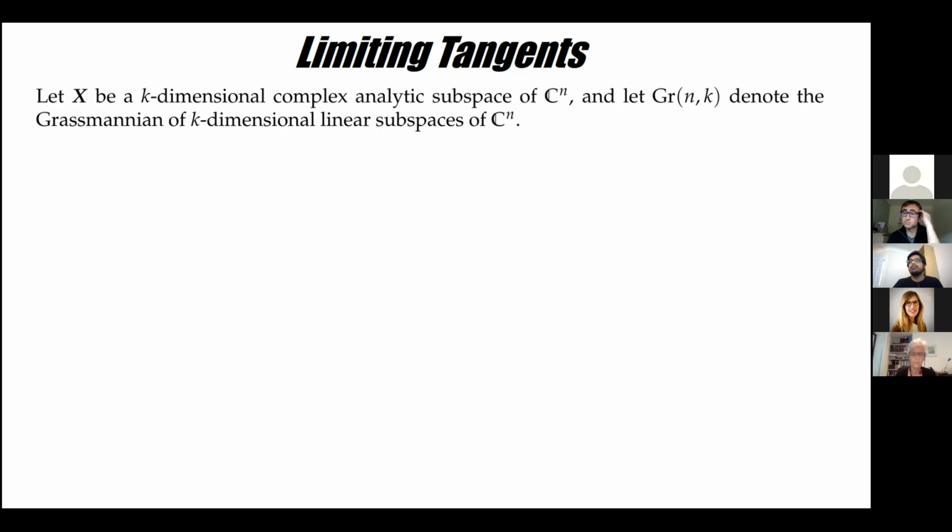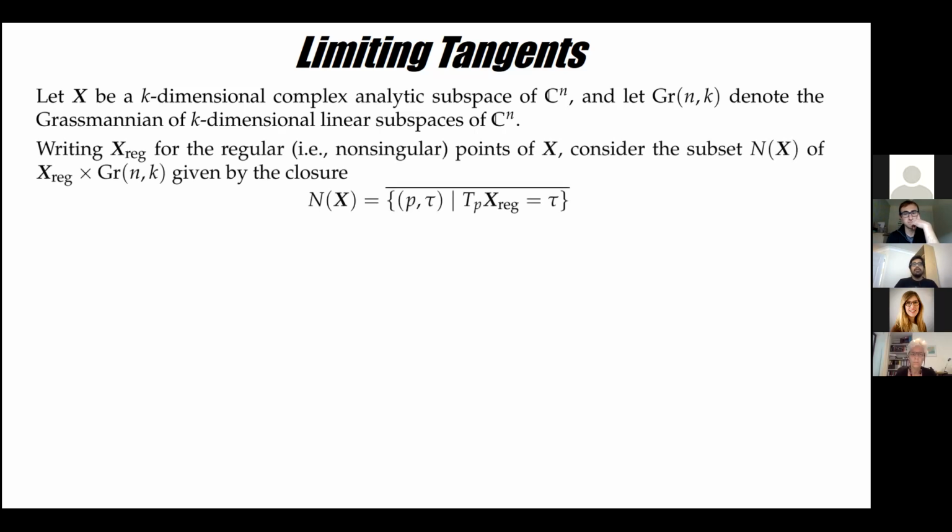So I'm going to let G(k,n) be the Grassmannian manifold of k-dimensional linear subspaces of complex n-space, which is sort of identified with real 2n-space. And if we look at the non-singular points of X, this analytic subspace, for the purposes of this talk, just think of it as a variety, a zero set of homogeneous polynomials.